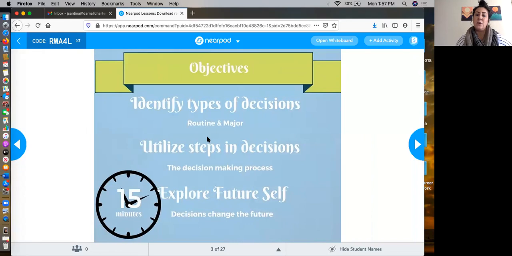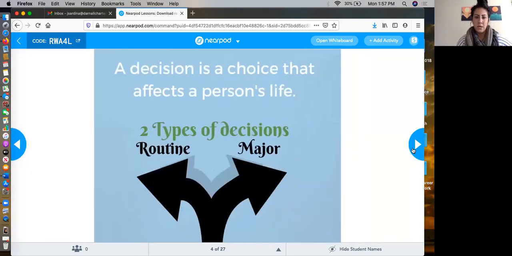And then hopefully within this lesson you guys can learn some of the steps in making these two types of decisions and explore a little bit of your future self. There are two types of decisions, and these two types of decisions do essentially affect a person's life, right? The first one that they'll talk about is a routine decision and a major decision.